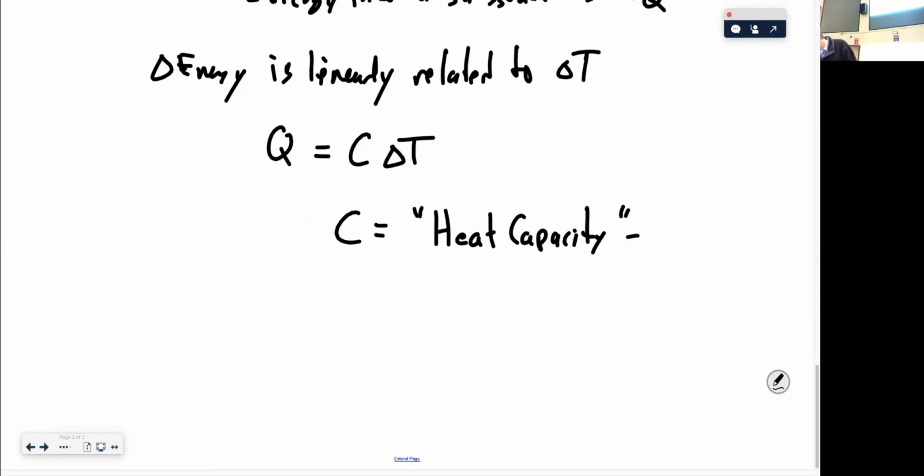Well, what are the units of C? Joules per Kelvin, it has to be. Q is in joules, delta T is in Kelvin. In order to make this formula work, C has to be joules per Kelvin. Great.